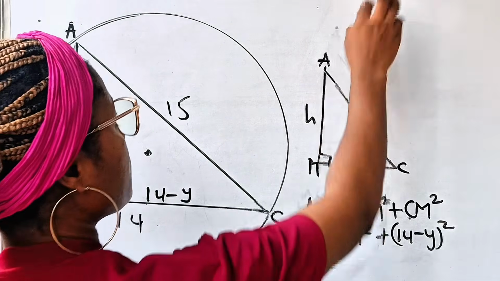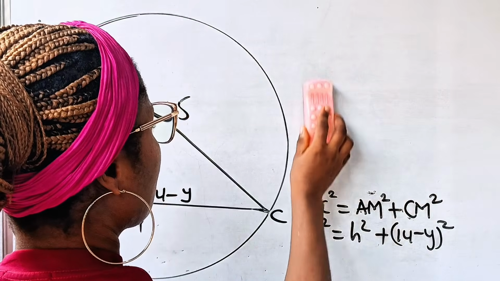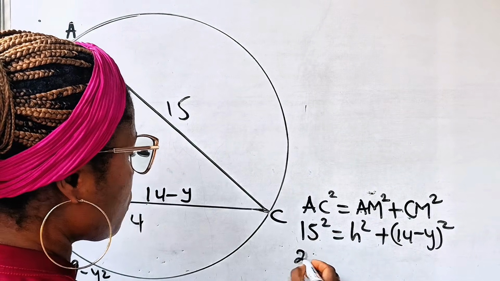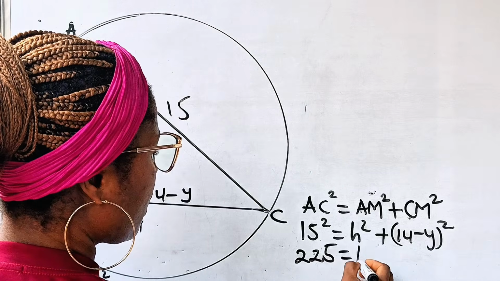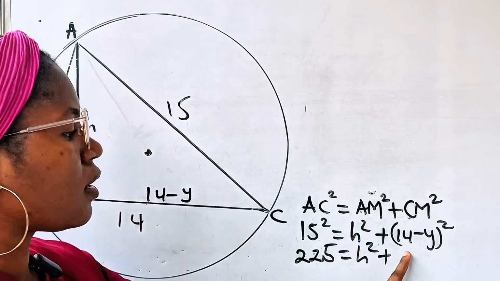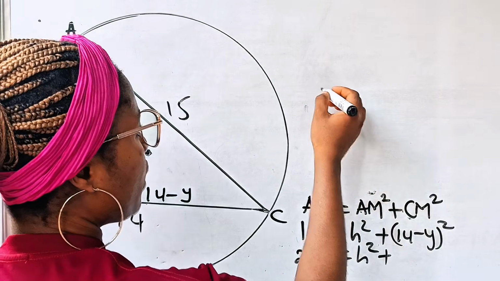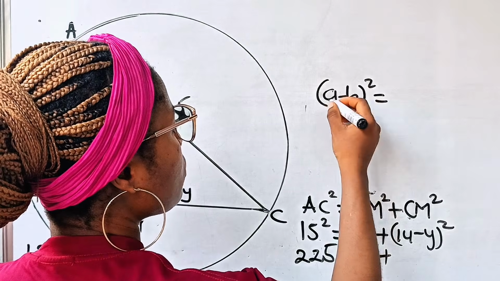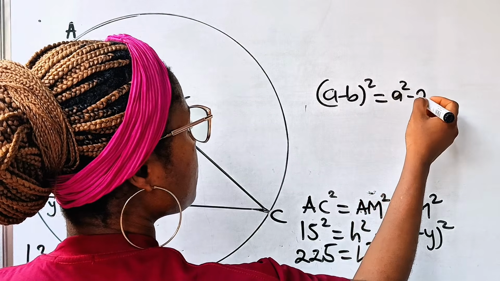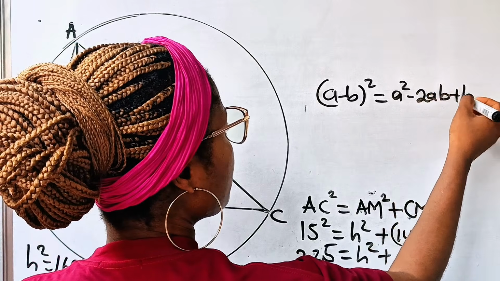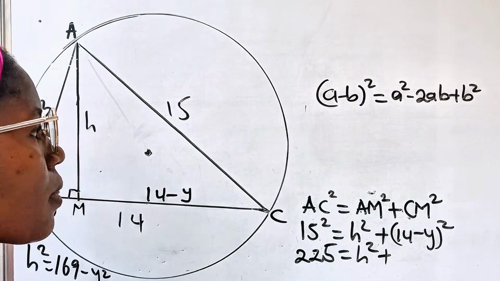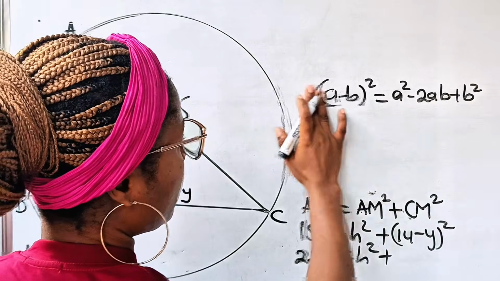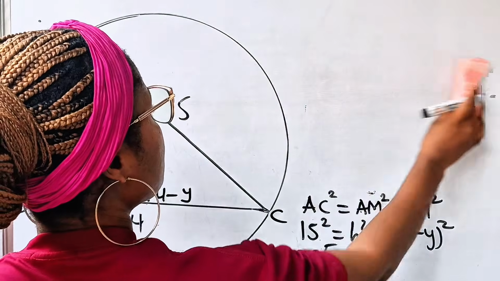So if we solve this further, we have 15 squared is 225, H squared plus, now let's expand this. When you have A minus B squared, it's equal to A squared minus 2AB plus B squared.